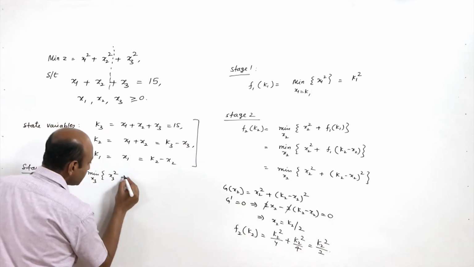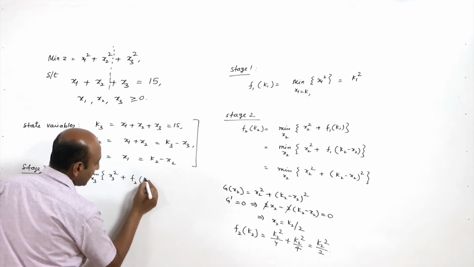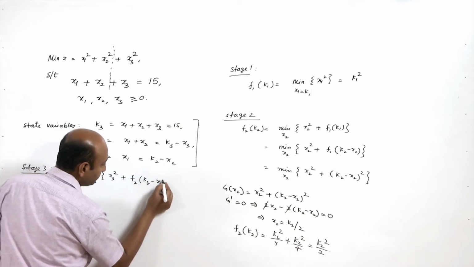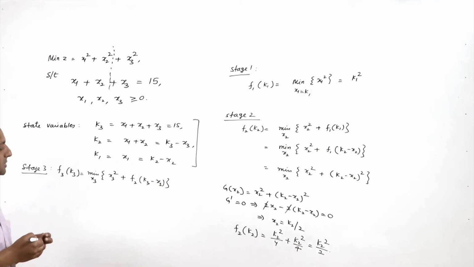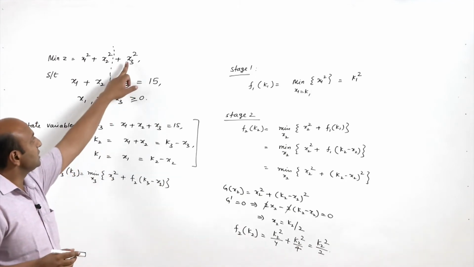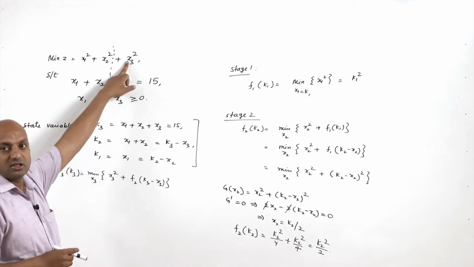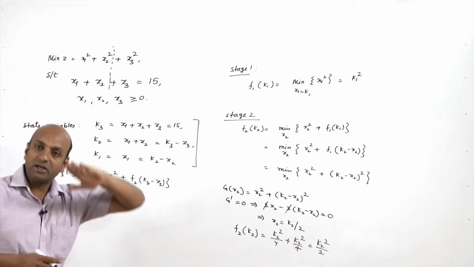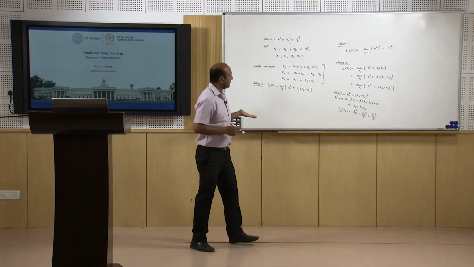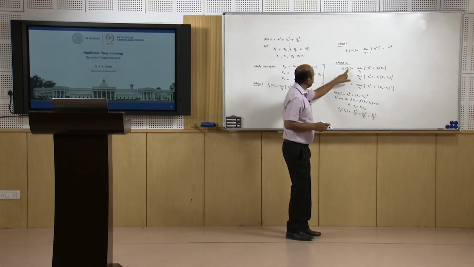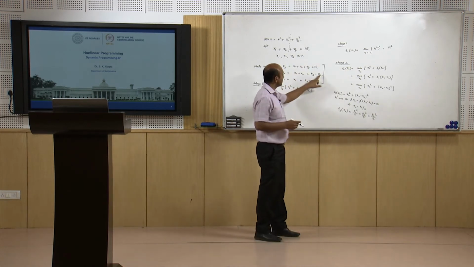So it is plus f2 of k3 minus x3, because this objective function is x3 square plus whatever we obtained in the previous stage, and the previous stage is f2 k2 and k2 is k3 minus x3.